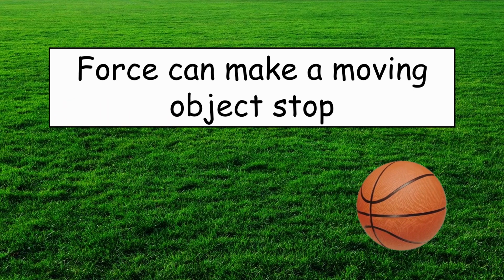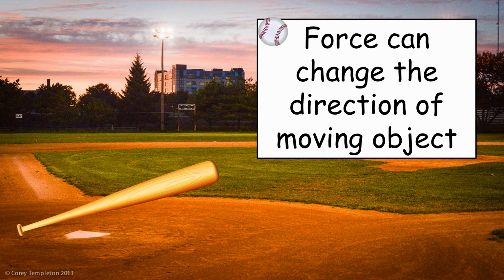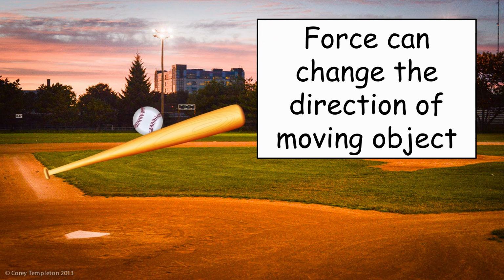When the ball stopped, there is a force acting on the object that made it stop. Force can change the direction of a moving object. So we have here a baseball and a baseball bat. When the ball hits the baseball bat, it changes its direction.